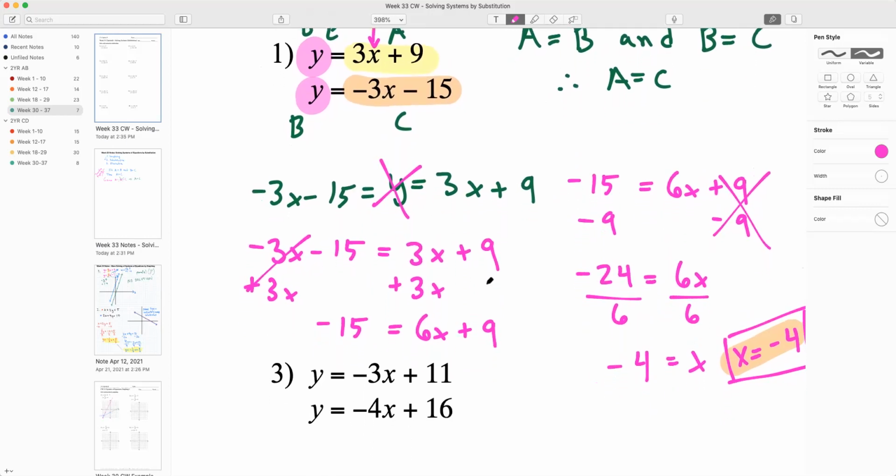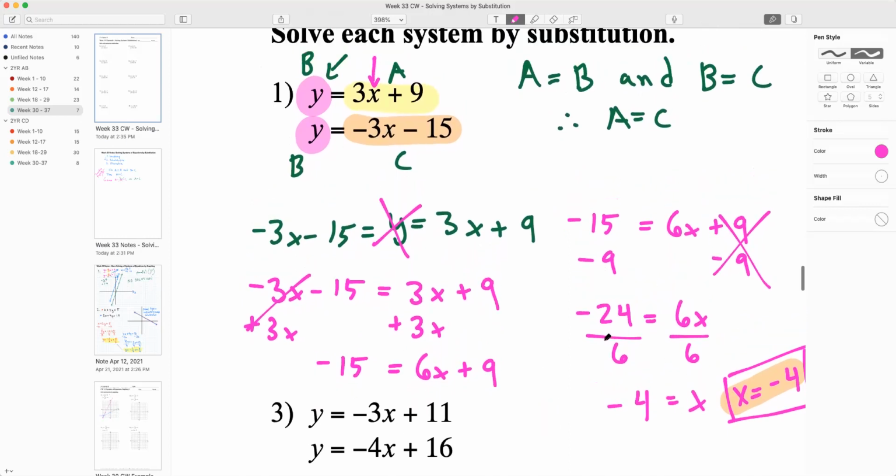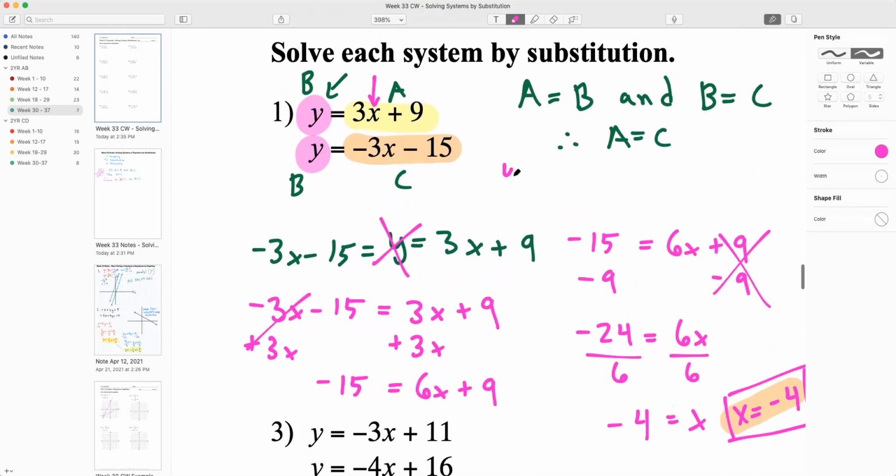So y equals 3 times negative 4, that's where the x was, plus 9. Now all we need to do is solve this and we've got y. 3 times negative 4 is negative 12, plus the 9 equals negative 3.